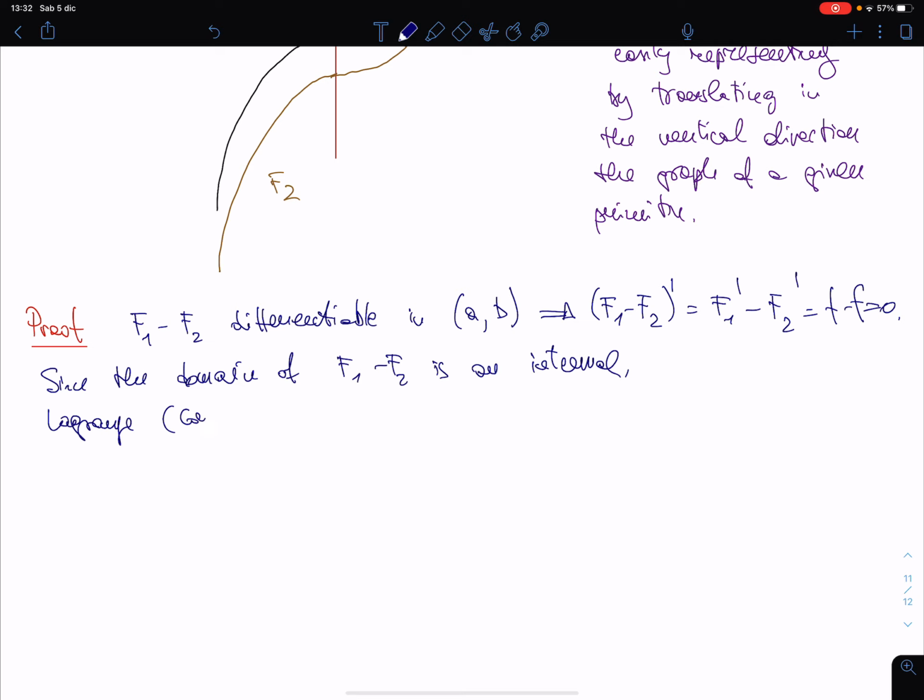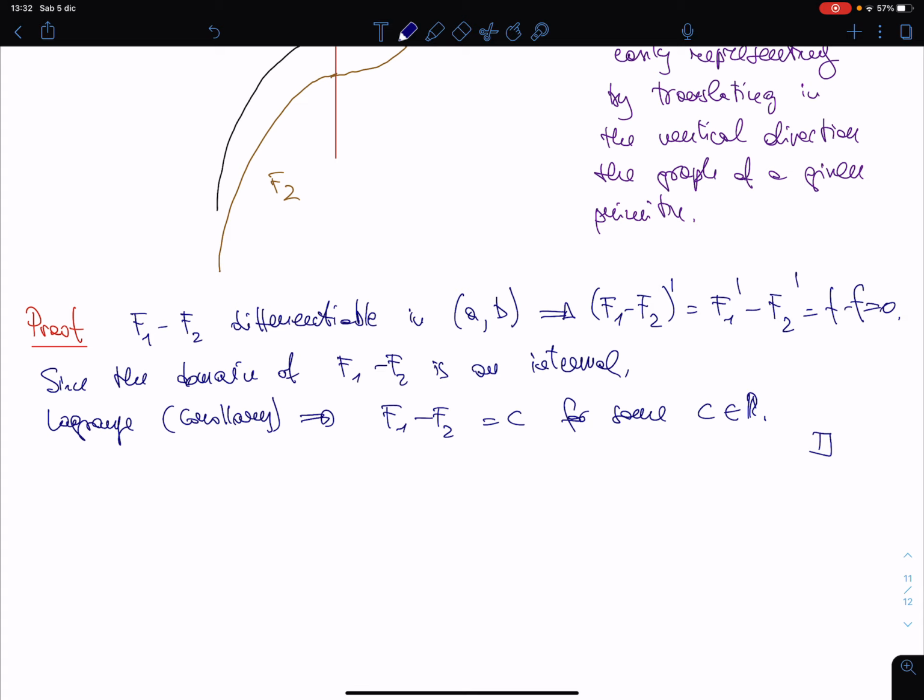So the corollary establishes that F1 minus F2 is a constant. So there is some C in R such that F1 is equal to F2 plus c. Then the theorem is proven.